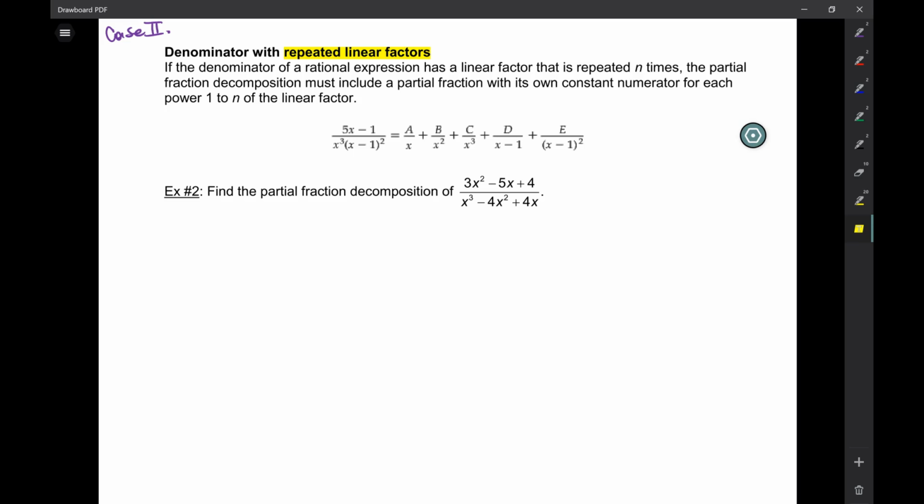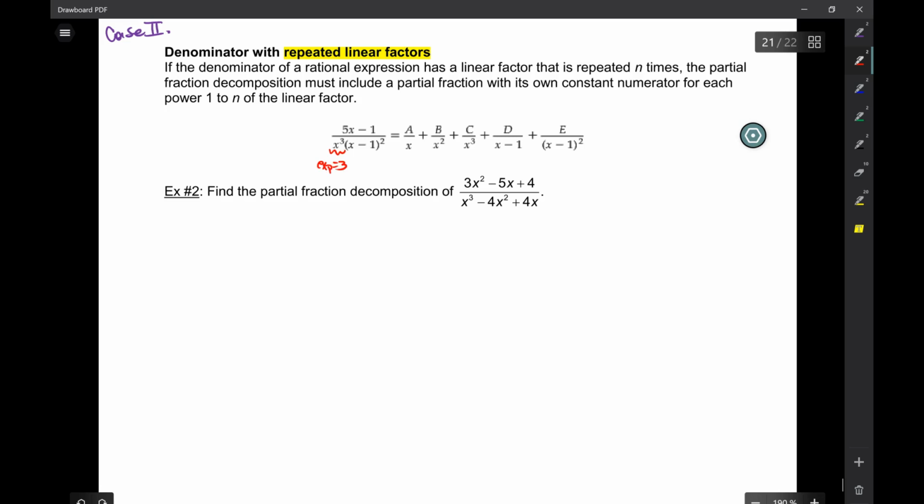When you have that, whatever exponent each term has, you need to make that many of that term. So if this x has an exponent of 3, then you need to give it 3 fractions. And if this has an exponent of 2, then you need to give it 2 fractions for a total of 5 fractions. Okay? So, one more time. This has an exponent of 3.